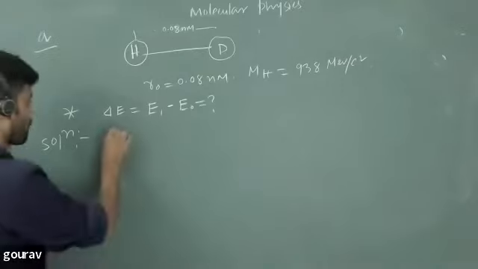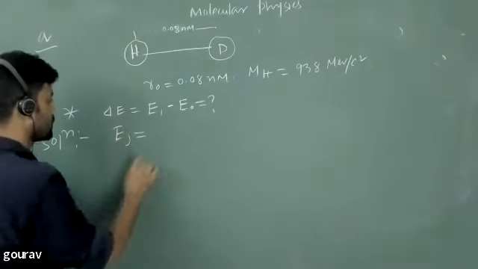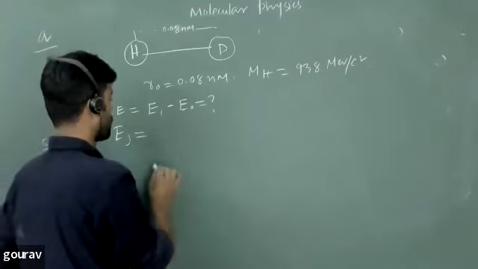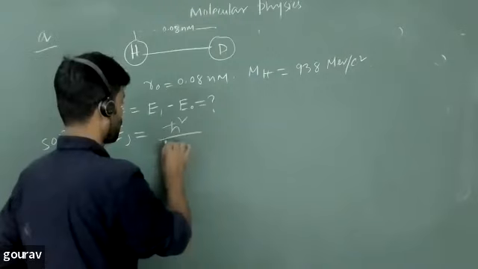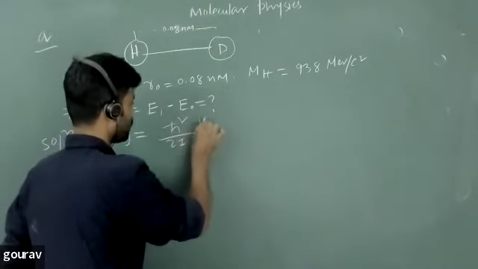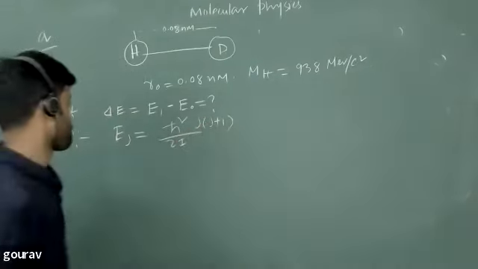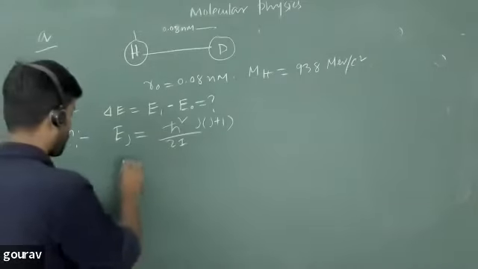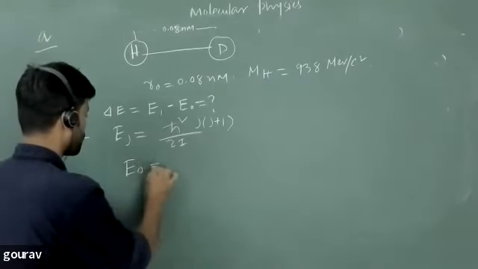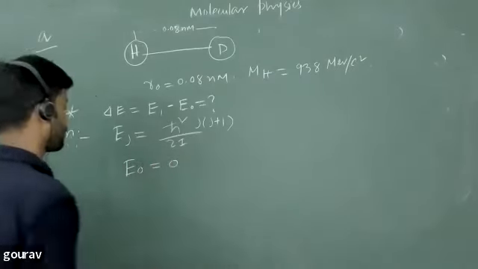Okay, now you know the rotational energy EJ in terms of H cross, the reduced Planck constant, is H cross square by 2I, J into J plus 1. If you write in terms of H, it will be H square by 8 pi square I, but I have written here in terms of reduced Planck constant. Now for the ground state J will be 0, so E0 will be 0.